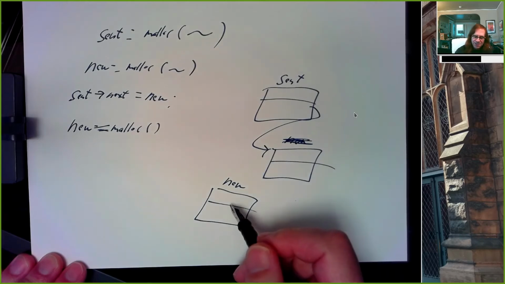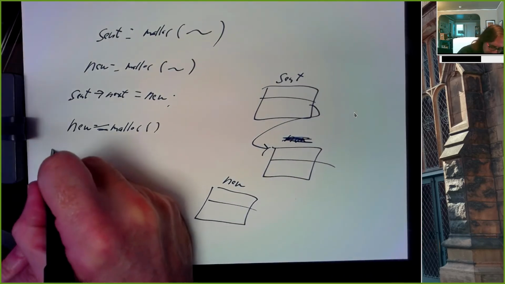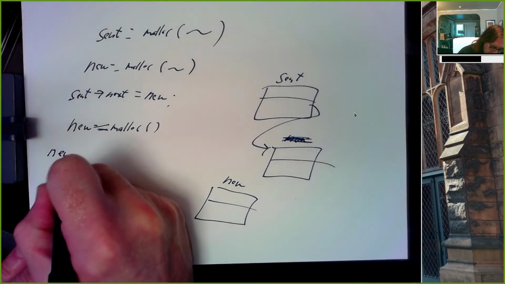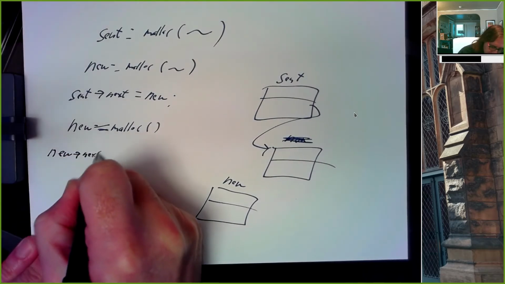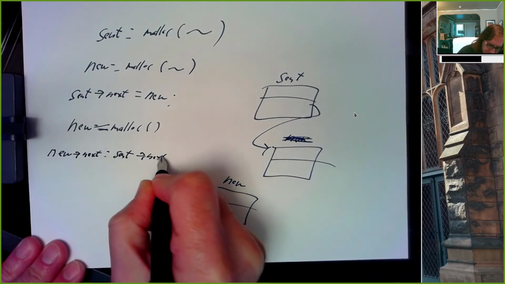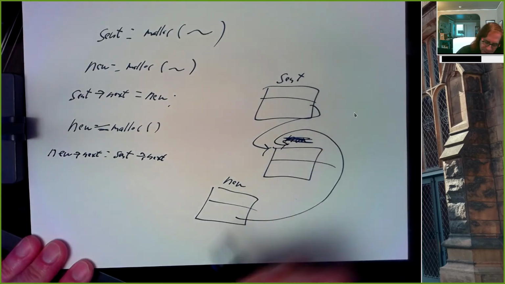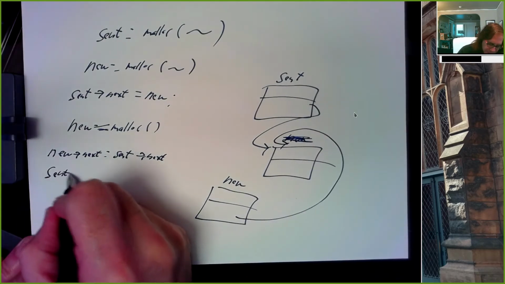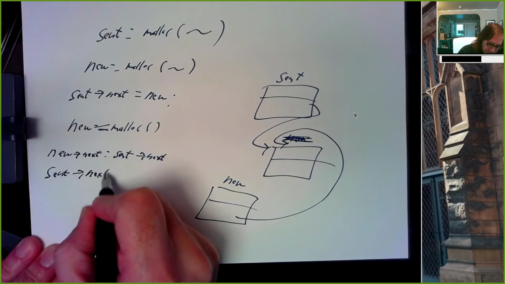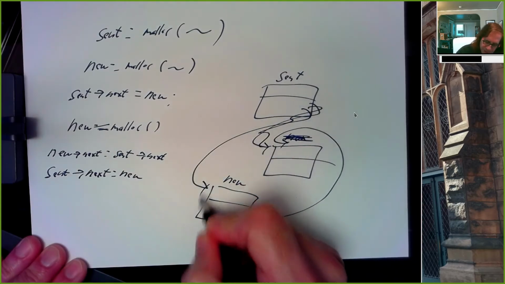And if I want to squeeze this block in between those two, I could do the following. new next equals sentinel next, which says look at what the sentinel is pointing to, have new point to that, and then sentinel next equals new, which changes this to point here.